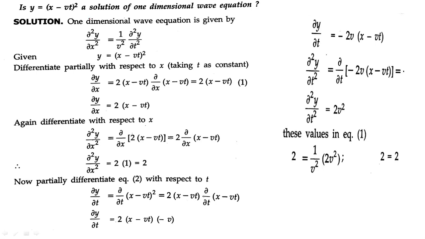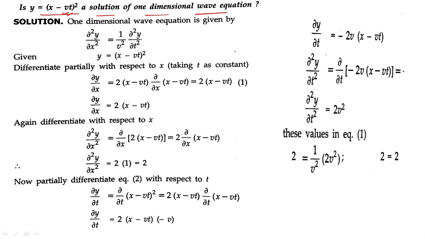Now the question is: is y equal to (x minus vt) squared a solution of the one dimensional wave equation? How to find?